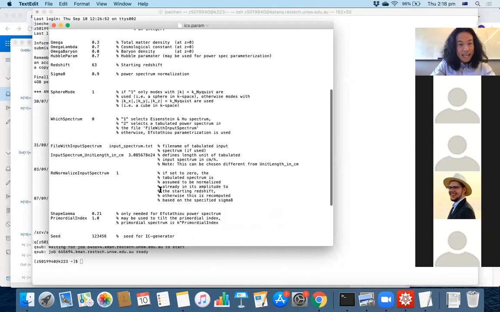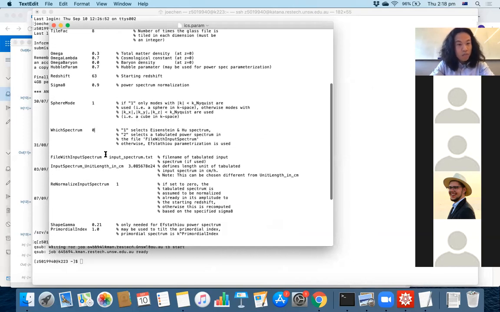Okay, and then which spectrum; this is the choice you have. It tells you what power spectrum to use for initializing the displacement field. You always want to set this to 2. 2 means that you read off the tabulated text file that you inputted. Option 1 uses Eisenstein-Hu, which is a fitting function from about 20 years ago that gets a no-wiggle power spectrum out relatively correctly.